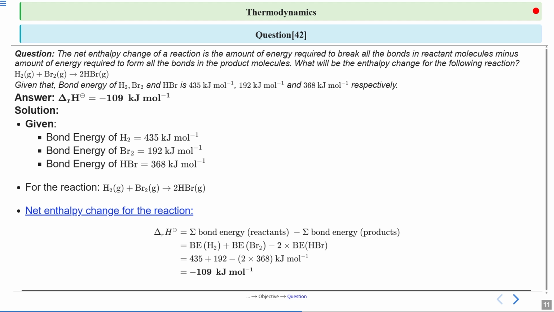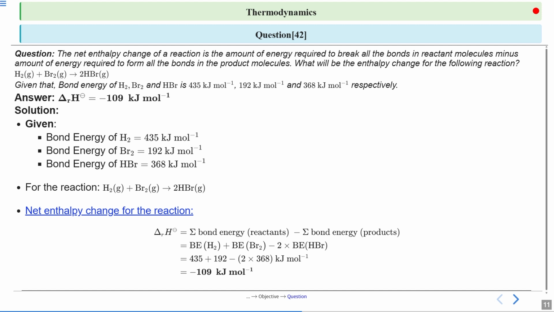Here again I am repeating this part. We have already talked about this in the theory part. Whenever you are taking the bond energy, you take it as reactant minus product side. And this is the only case we do this. Why is it so? Because bond energy is basically the energy required to break 1 mole of bonds. So this is good because on the reactant side the bonds are broken.